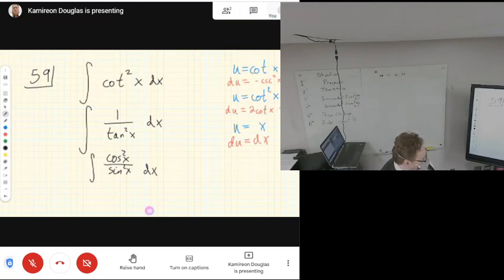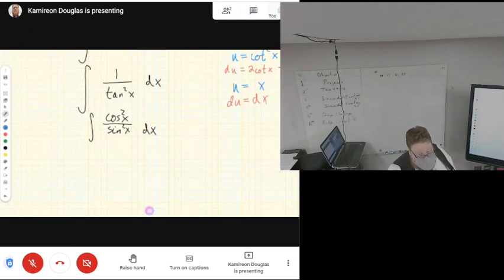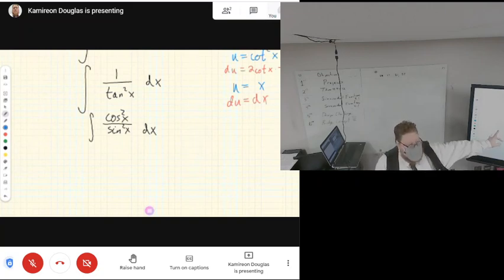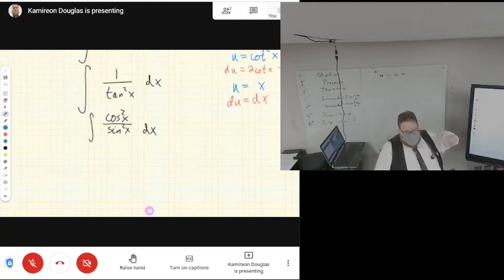So, okay, let's ask some questions then. If this is our best chance, what do we choose for our u? Because now I have 4 decent options: cosine, cosine squared, sine, sine squared. I could even do 1 over sine squared if I wanted to, because I could pull that piece out and make it a separate piece and therefore take it as my u.